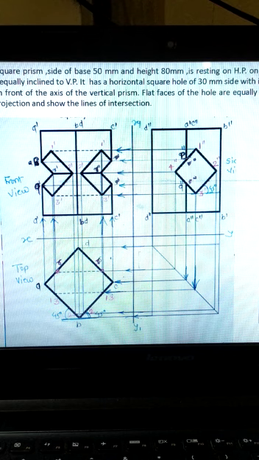There are conditions. The first condition: when two flat surfaces are joined together or intersect, the intersecting curve will be straight in nature.